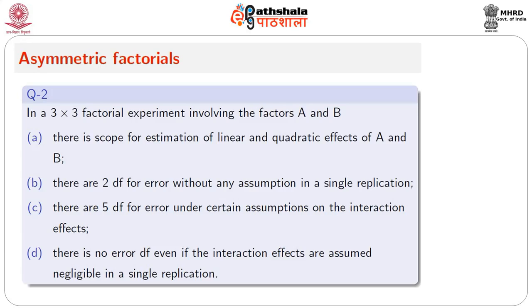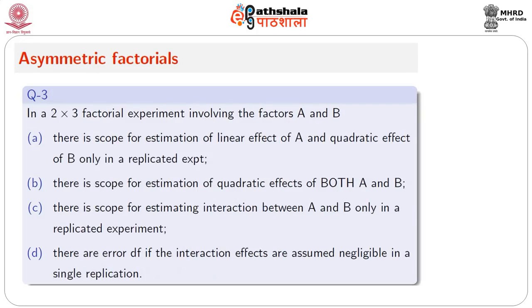That's a vague statement. You can always assume something negligible and then you can count on them towards error. That's not a well formulated answer. There is no error degree of freedom even if the interaction effects are assumed negligible. That's not true. If we assume the interactions to be negligible, you can push them to the error. Therefore, the most plausible answer is again A.